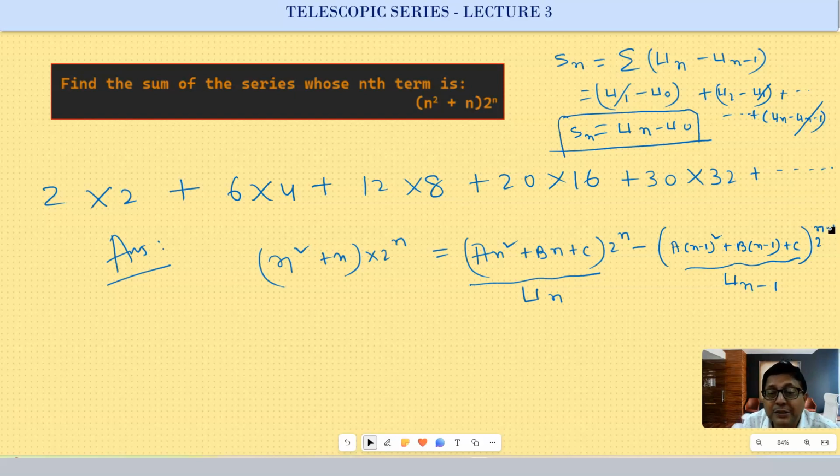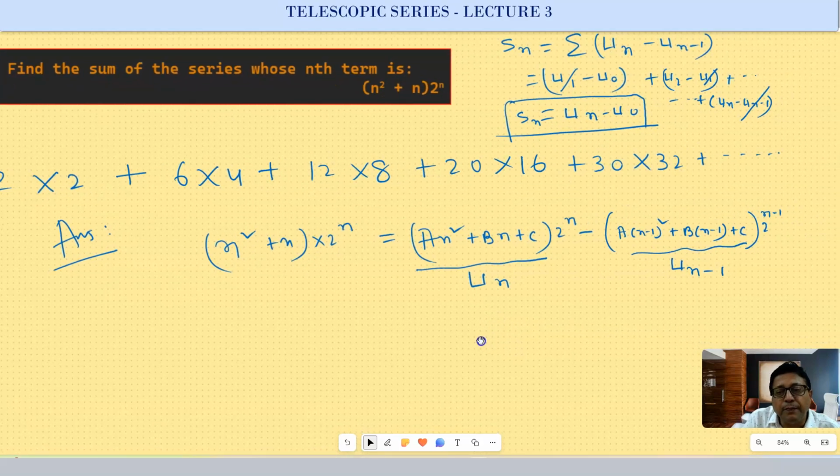So our aim is to express the given nth term in this form, an square plus bn plus c times 2 to the power n. As the power 2 to the power n is given, we are supposed to do this. Now can you get the values of a, b, c from this consideration? This time I am going to show you this sum not by putting values but by comparison, because this method is also very useful.